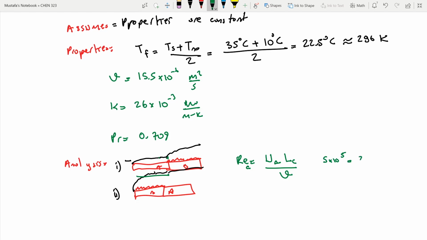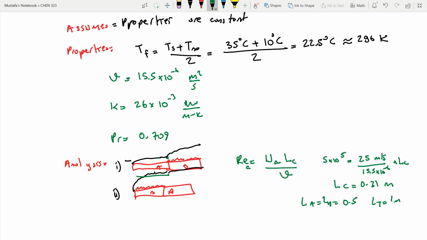And we know the velocity, 25 meters per second, that's the incoming stream velocity. Kinematic viscosity is 15.5 times 10 to the minus 6. And Lc, which is the length required to reach transition, is 0.31 meter. And we knew that LA and LB are equal to 0.5, so L total is 1 meter.